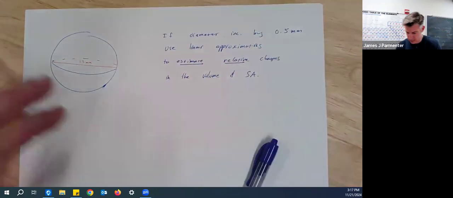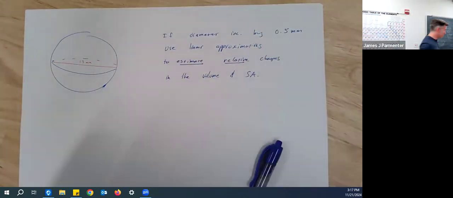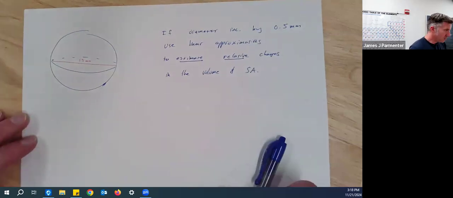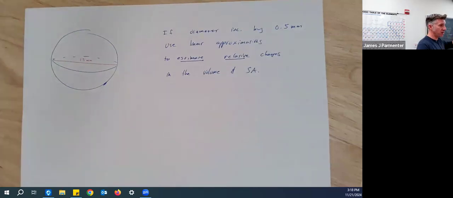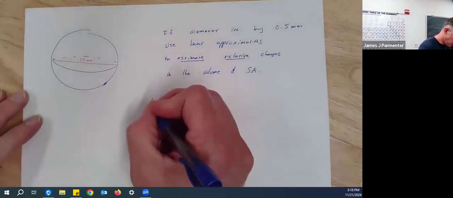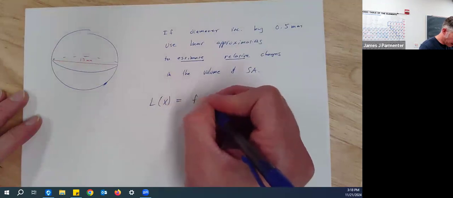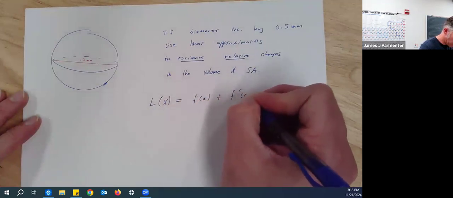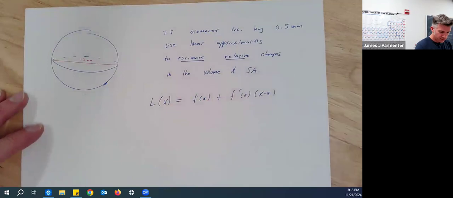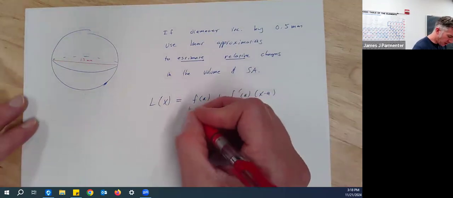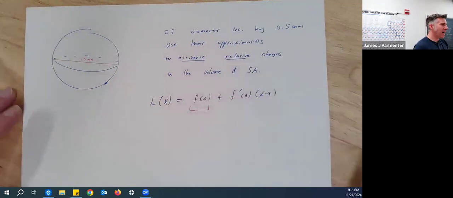Cool. All right. Let me do this back so I don't break it. Okay. So here's the idea. In that linearization formula that we just did, L of X equals F of A plus F prime of A times X minus A, this part here is kind of like what we estimated the thing to be at the nice value.